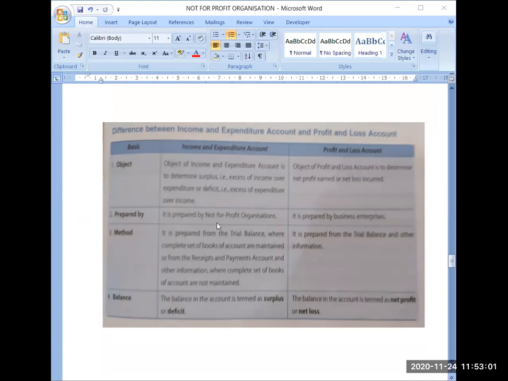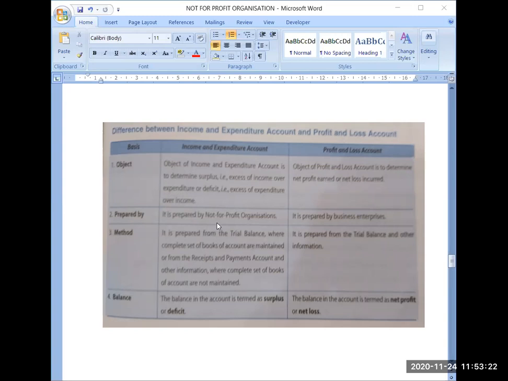The object of preparing income and expenditure account is to determine the surplus or deficit. However, the object of preparing profit and loss account is to calculate the net profit or loss. Then, income and expenditure account is prepared by a not-for-profit organization. Profit and loss account is prepared by a profit-earning organization.